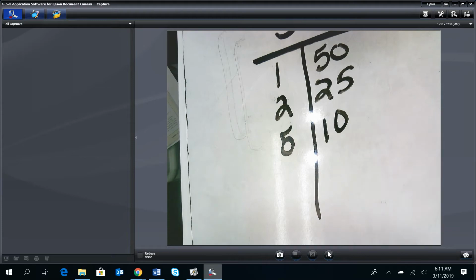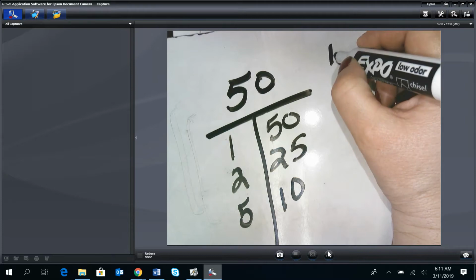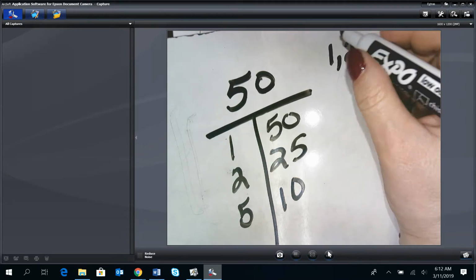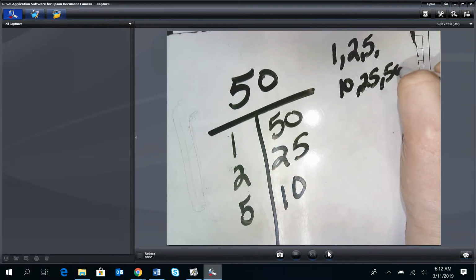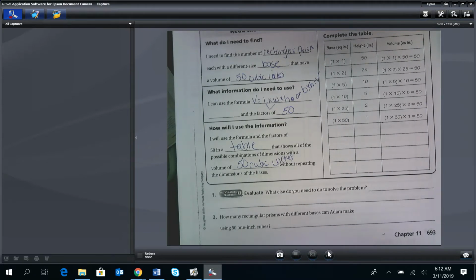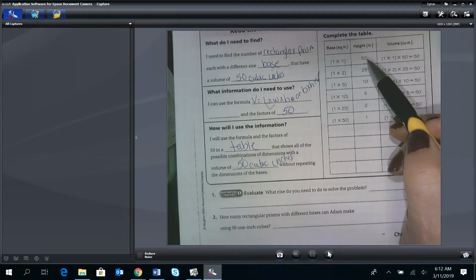9, no. 10. So we have the numbers 1, 2, 5, 10, 25, and 50. We'll be using those numbers over and over. If you look, we've already started the base of 1 by 1 and the height of 50.